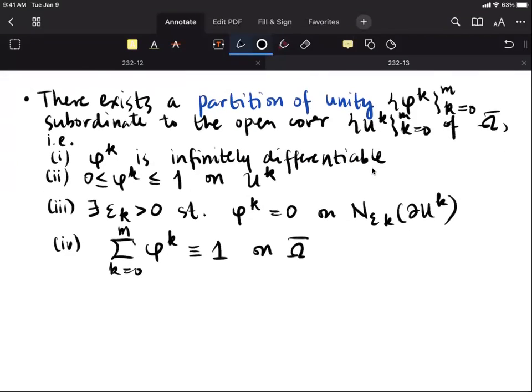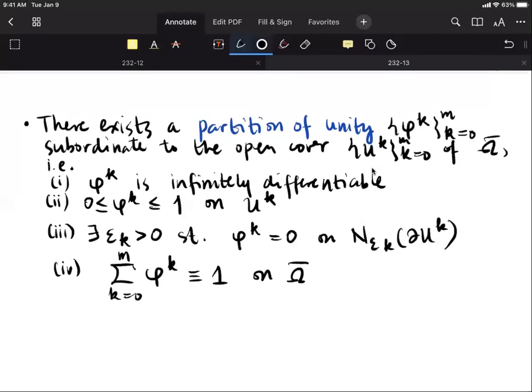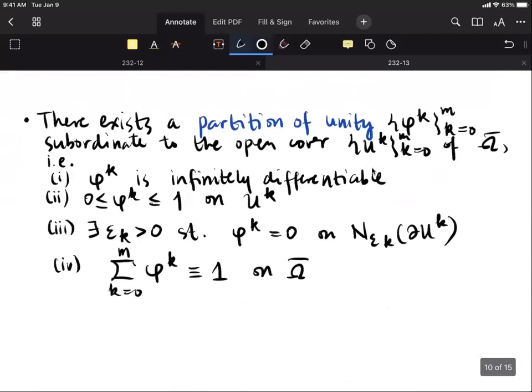So we divided, let's say, the constant function 1 into m plus 1 pieces. So these are the functions phi sub k. The values are between 0 to 1. They are non-negative. They are infinitely differentiable. And they vanish near the boundary of uk.